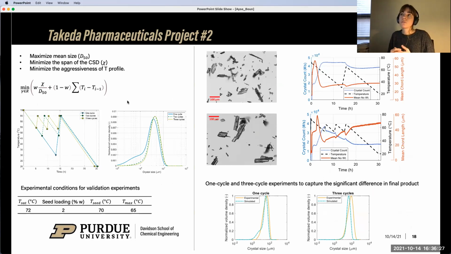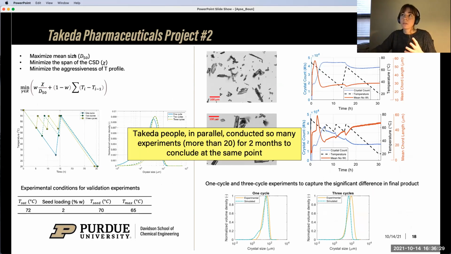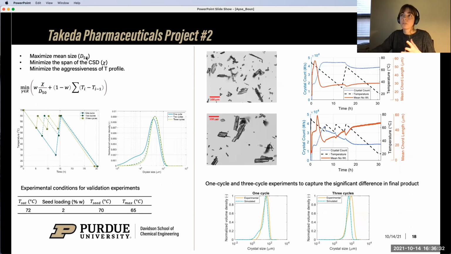And our aim was to maximize the crystal size, basically the median size we call D50, minimize the broadness of the crystal size distribution, because we want a uniform product. If it's narrow, it means that almost all of your crystals have very similar sizes. And basically to minimize the aggressiveness of the heating and cooling.